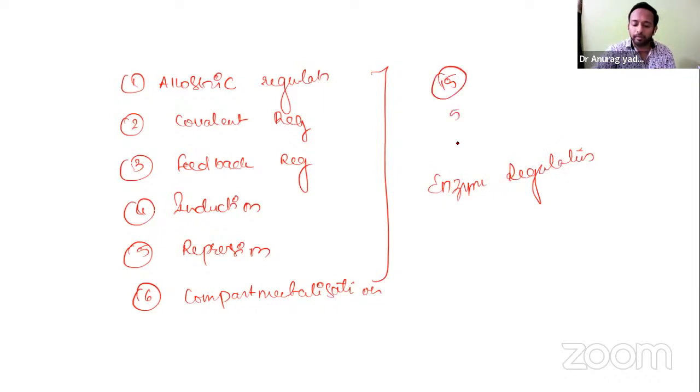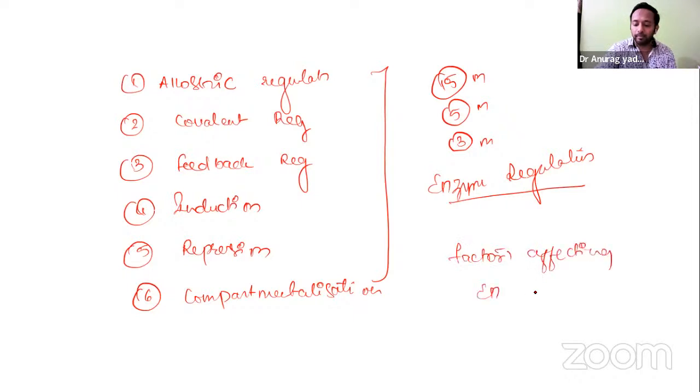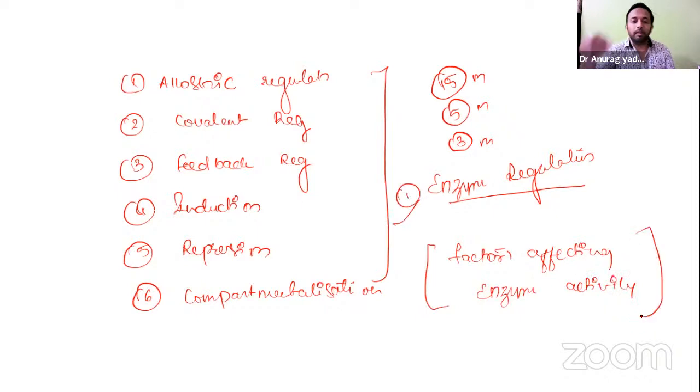This can be a 3-mark question, or this can be a 15-mark question. Please remember, it can be anything for exam purposes. Also, please remember, enzyme regulation is different from factors affecting enzyme activity. Both are two different concepts.